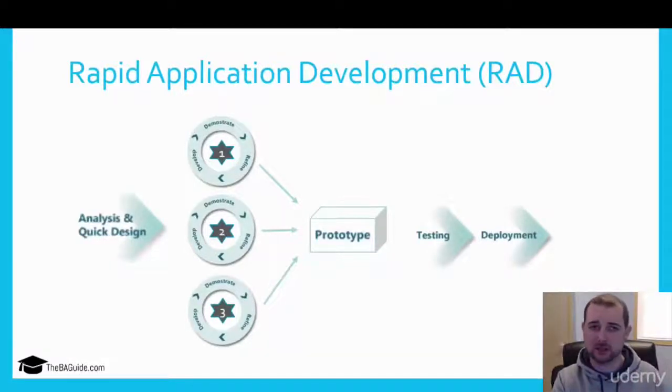You start out with an analysis and a quick design, but once you've done that, you then segment that product into multiple segments. So these are independent products, if you will, that will talk to each other, and that's done with different teams. As you can see after the analysis and quick design, you have 1, 2, and 3.